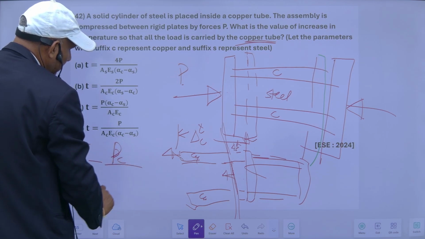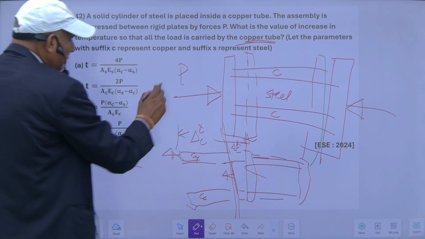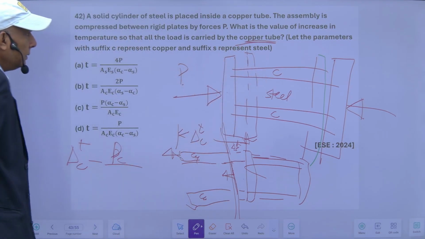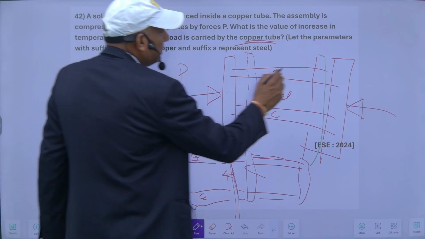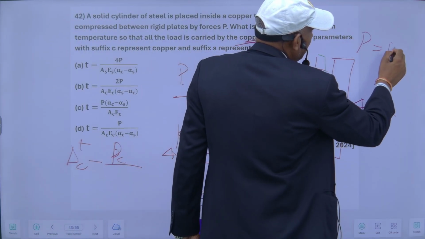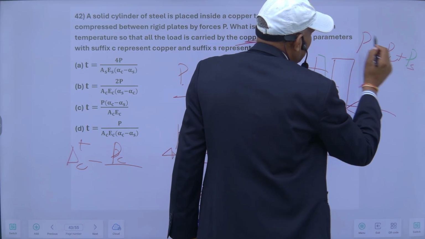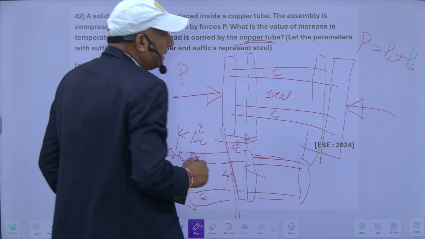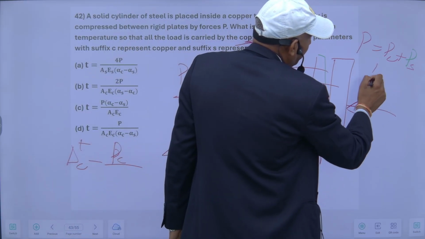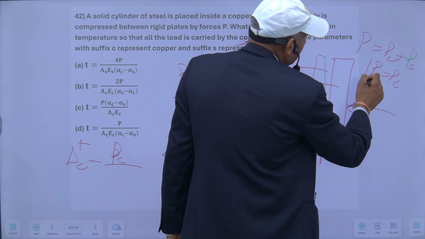upon area. Since all the load has to be carried by the copper, otherwise P should be equal to PC plus PS, the load shared by the copper plus the load shared by the steel, but steel is not taking any load. So P is equal to PC.